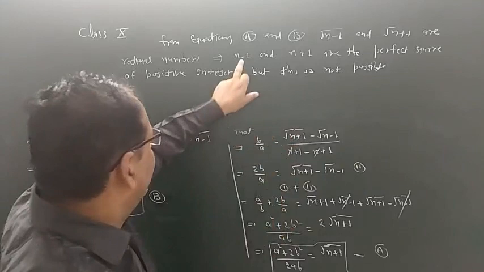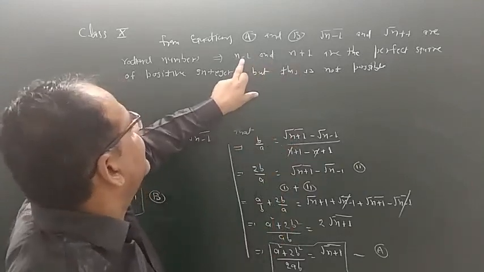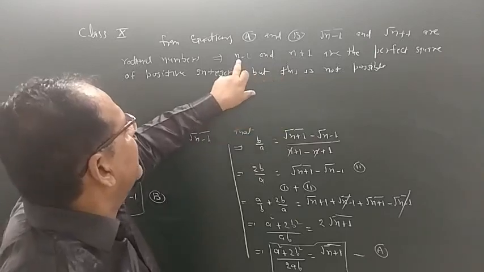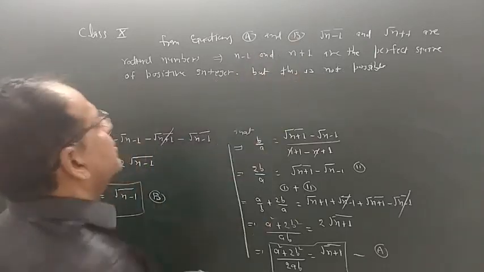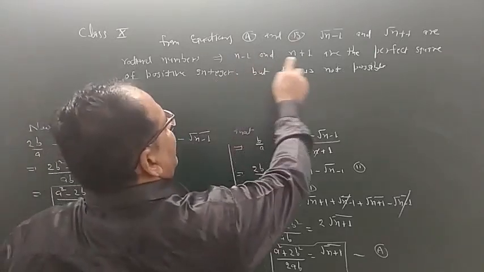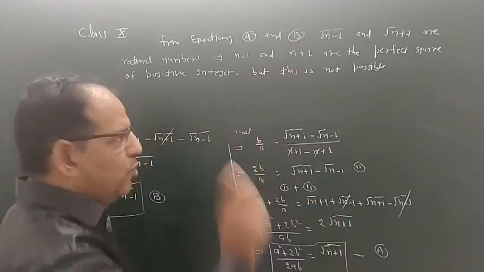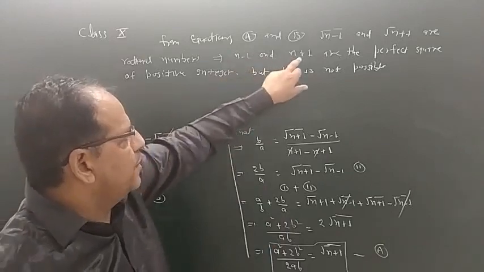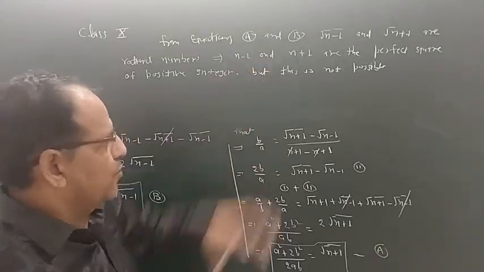So if we take this number 1, then this becomes 3. If this is taken 2, then this becomes 5, because between n minus 1 and n plus 1, the difference is 2. So there is no possibility that these two numbers become perfect squares.